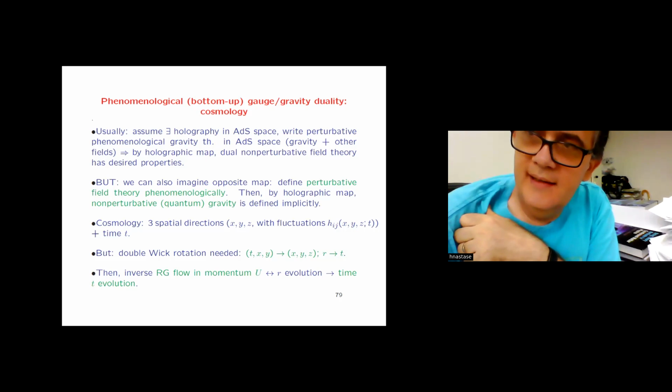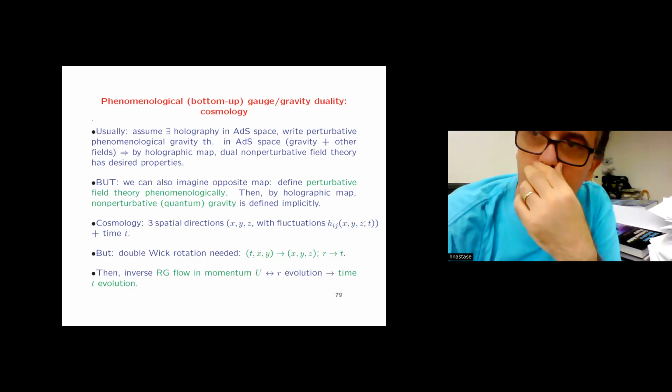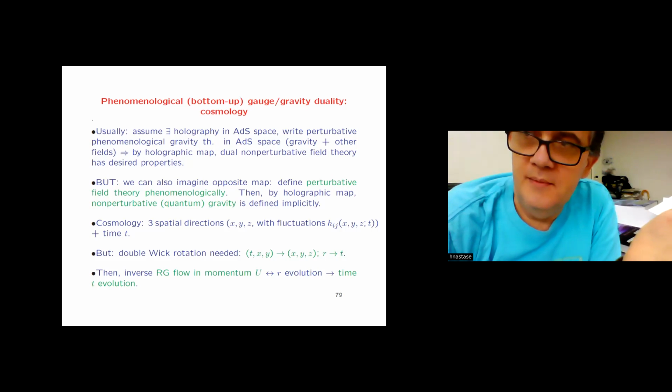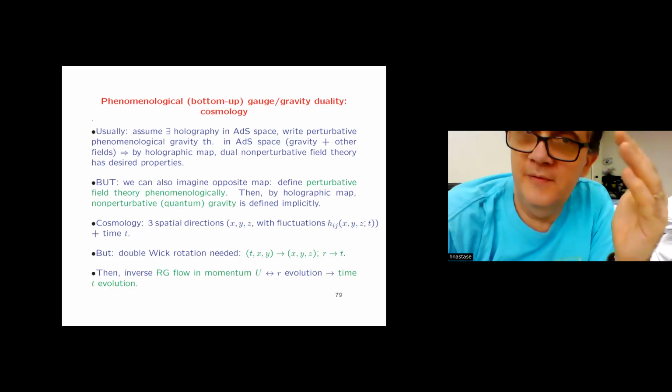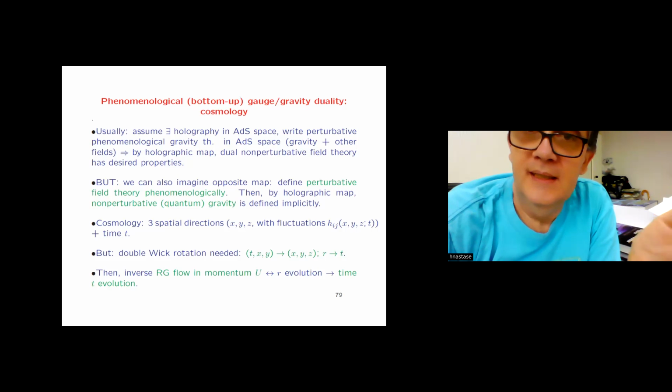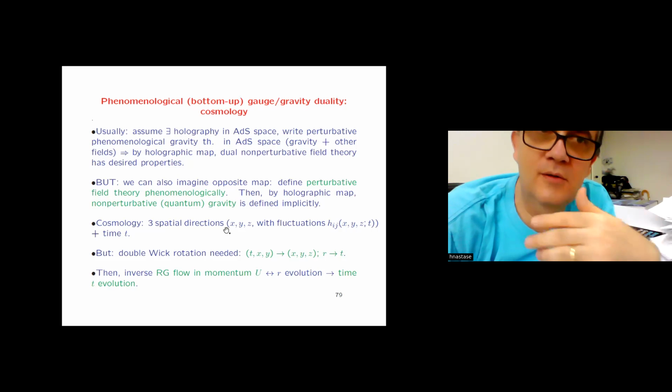But as we said last lecture, in particular in AdS/CMT, but not only, we will use this also here, one considers also phenomenological types of gauge-gravity duality, bottom up. In particular, the application I'm interested in now is cosmology.